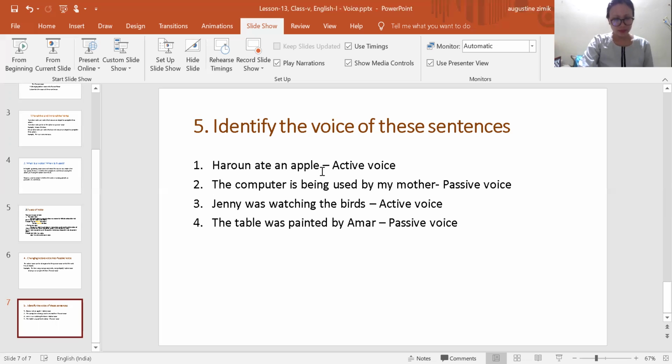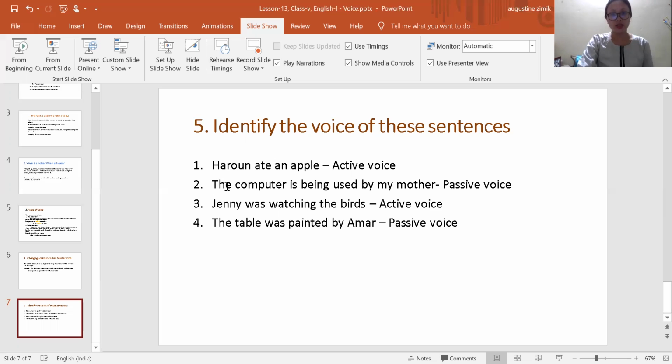And in this case, we concentrate mostly on the what? Action of the verb done by the subject. The subject is Haroon. He performs what? An action. What did he do? He ate an apple. Ate is the action done by the subject.